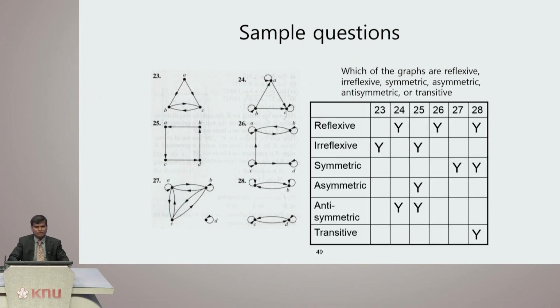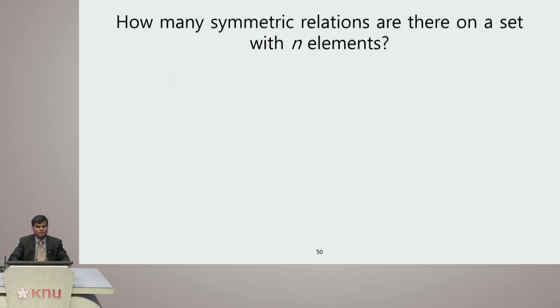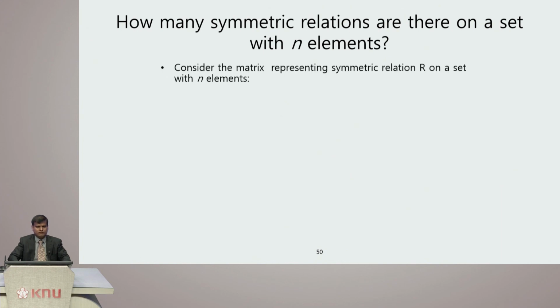So here's one example that I have come up with. The question is: how many symmetric relations are there on a set with n elements? It's kind of a proof, a theorem. So let's briefly see what it is. Consider a matrix of a symmetric relation R on a set with n elements.